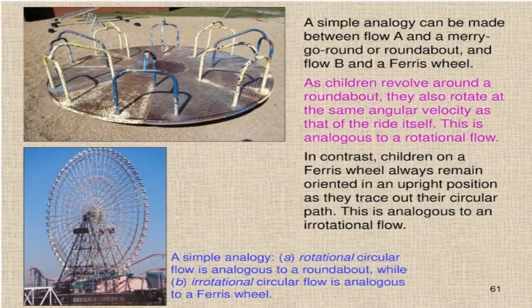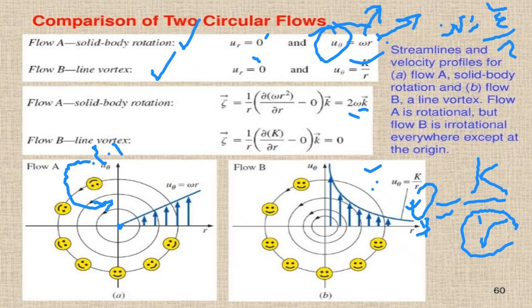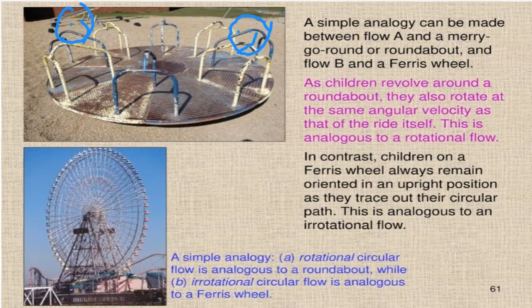As an example of solid body rotation and line vortex, for instance, this roundabout: the children on this roundabout will rotate with the roundabout, right? So if you consider this as a smiley, this smiley will look like that, like here. So this is like the first example, the solid body rotation. However, in a Ferris wheel, as the Ferris wheel rotates, the seats do not rotate, right?